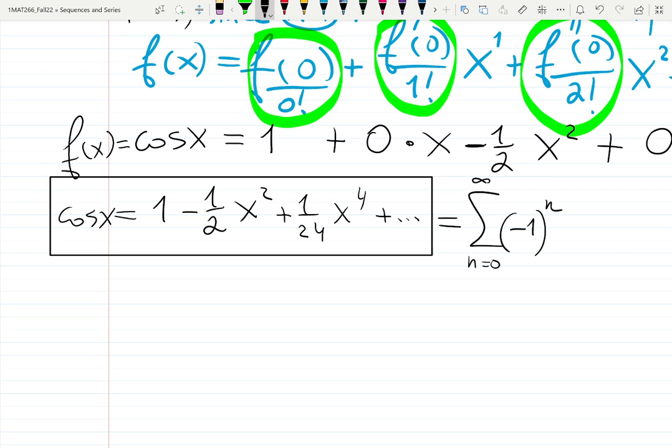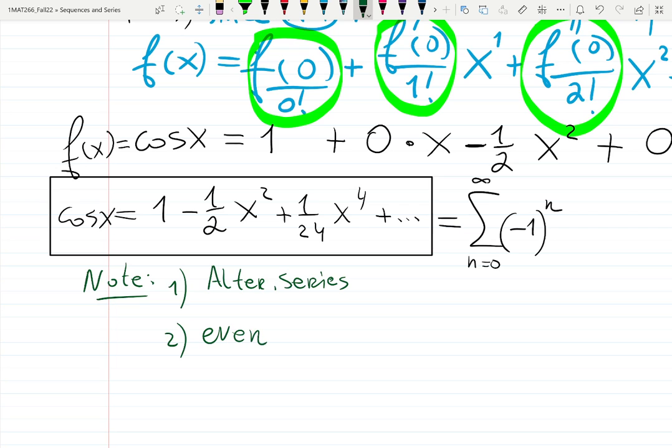It's an alternating series. So let me write the sequence of notes. Note 1, it's an alternating series, that makes sense because cosine can be positive and negative. 2, cosine is an even function. Not odd, even function. That means there should be no cubes and fifths and so on. It is true.